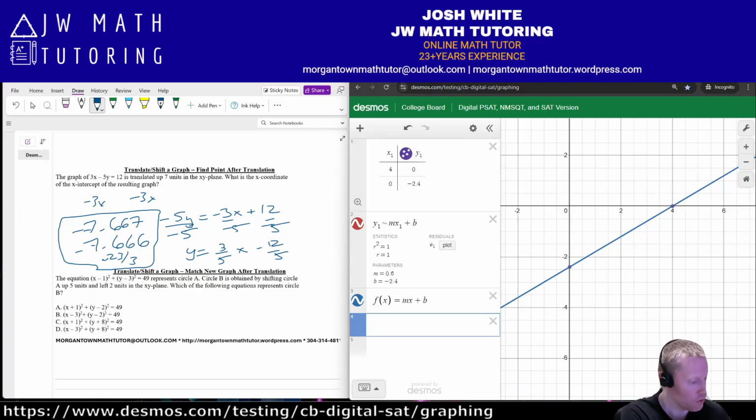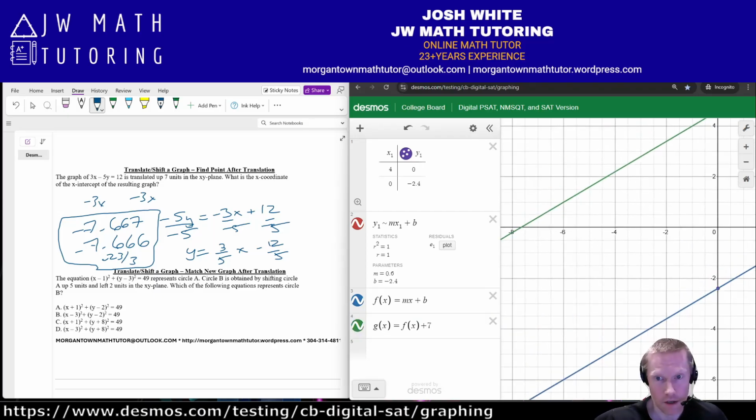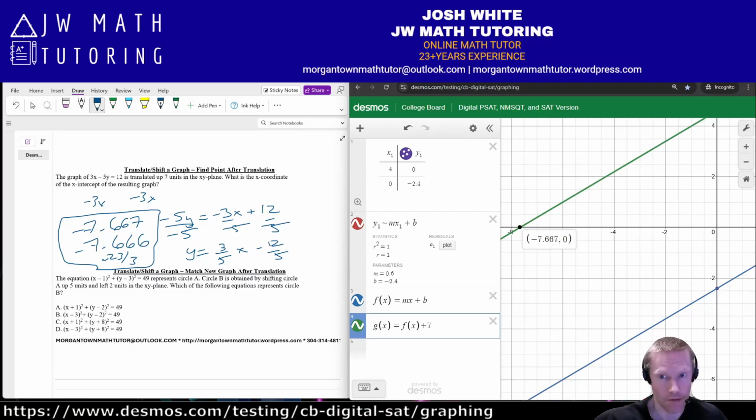So now you could do g of x equals f of x plus 7, and then we want to know the x-intercept, and notice we have the exact same point here, -7.667.